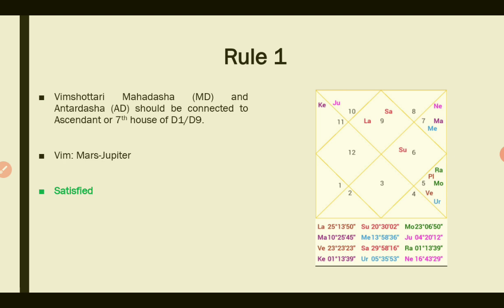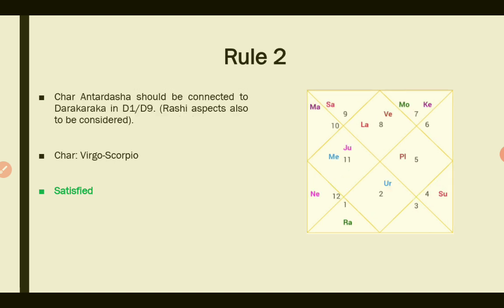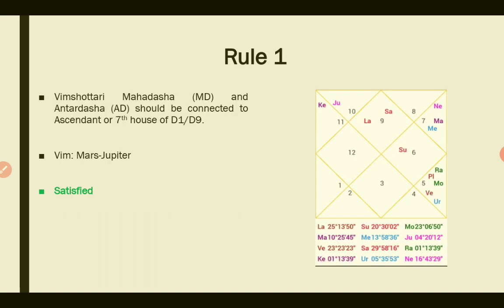Next, let's move to the second rule, which is that the Chara Antardasha should be connected to Darakaraka in D9 or D1. There are a few things which I need to clarify. The Chara Dasha is a Rashi based Dasha system most commonly used in the Jaimini system of astrology. And what is Darakaraka? Basically, Darakaraka is the planet with the lowest degree excepting Ketu.